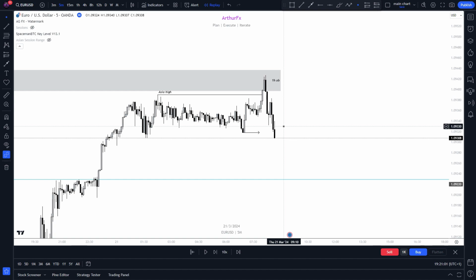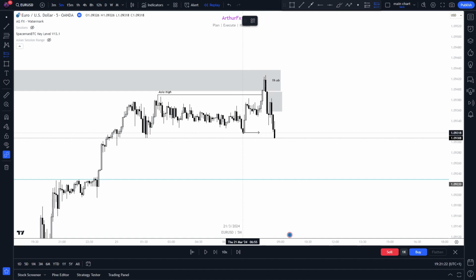But right here I was confident that price was going to go down. Why? Because I wanted to see what kind of reaction we would get from this 5-minute fair value gap, and then we aggressively came lower, breaking structure here. So what did I do?